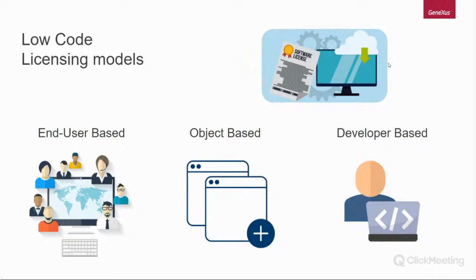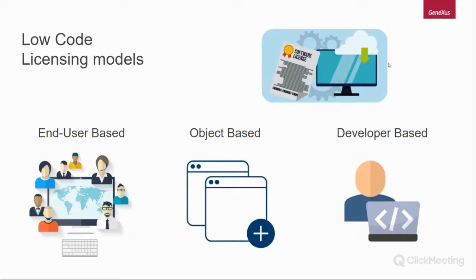At Genexus, we noted that in the market there are three main types of licensing models. In some cases, for some products, these licenses can be a mixture of these three types. But it's important to address each type on its own and to understand the advantages and the disadvantages of each.